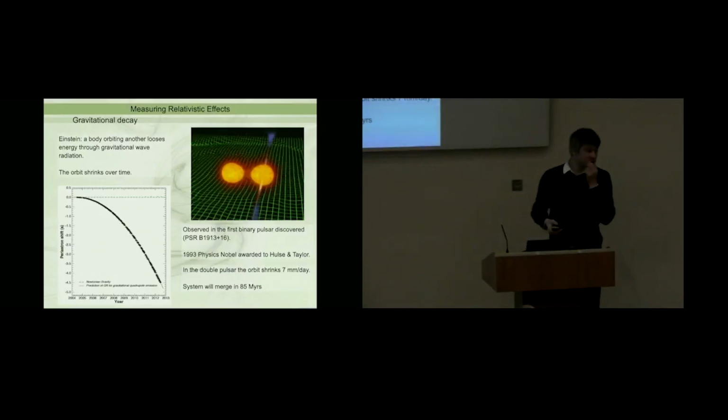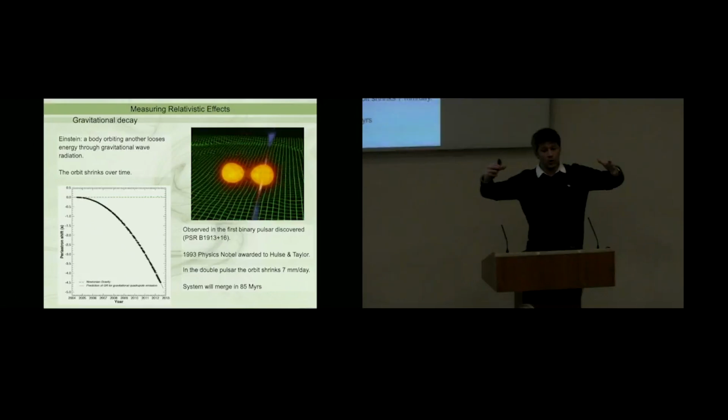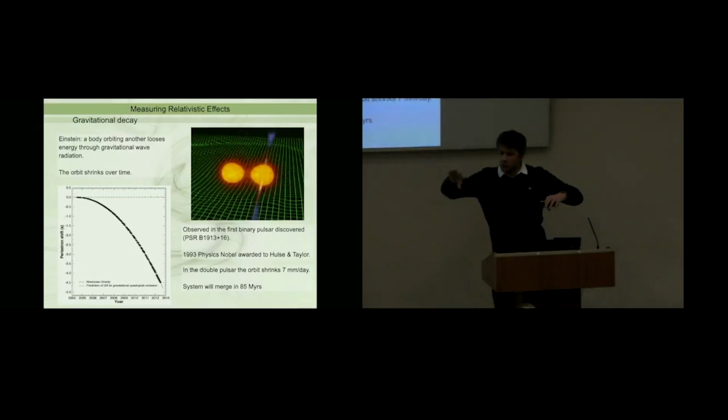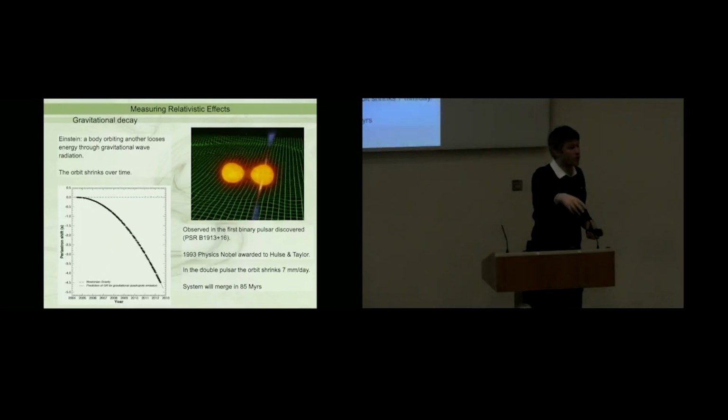Something else that takes place in binary systems is that they will get closer and closer over time due to the fact that as the bodies orbit, they emit gravitational waves. So as objects move in space, they create little wavelets in space-time, and this propagates a bit like if you throw a rock in water, you create these wavelets, and then it just spreads out.